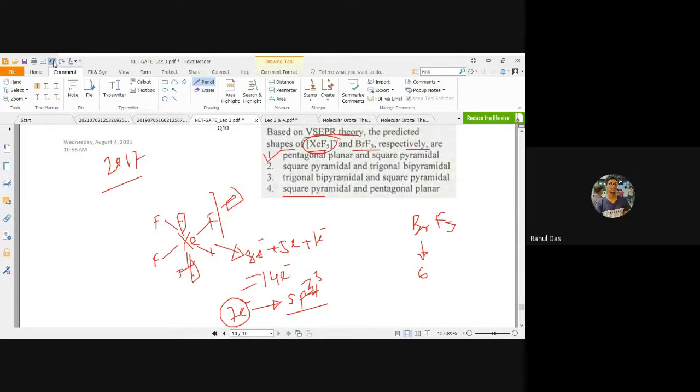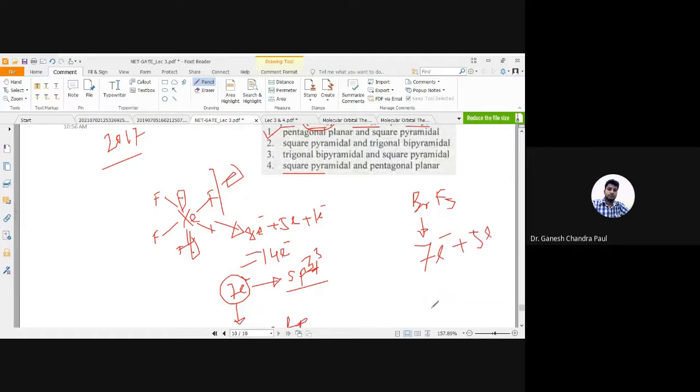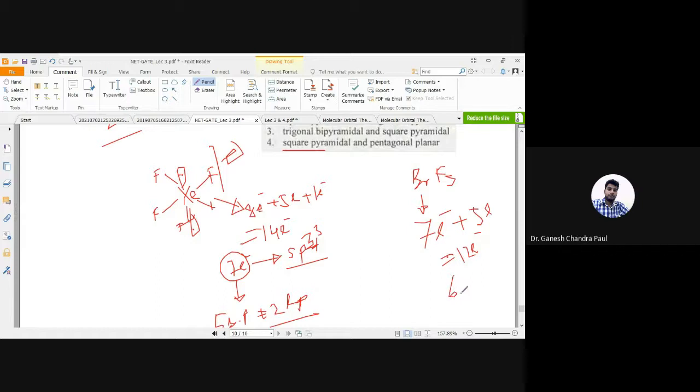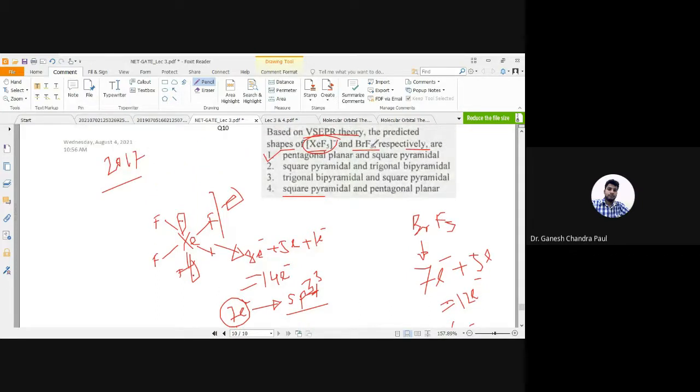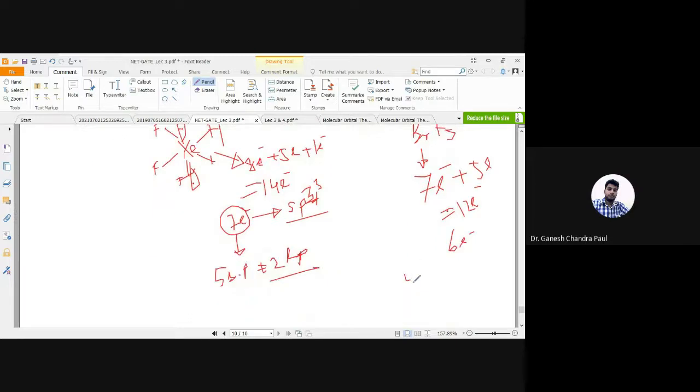Yes, it is 7 electrons for counting of the valence electrons, and from 5 fluorine it is 5 electrons. So the total is 12 electrons. So the number of electron pairs is 6. As there are total 5 fluorines, that means 5 bonding electron pairs, 5 BP and 1 LP. LP means lone pair of electrons.